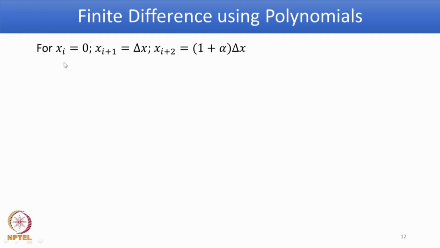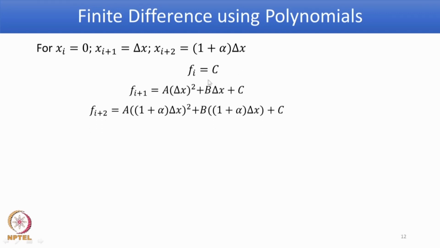At x of i, which is the point of interest, the x value is 0, and x of i+1 is Δx, and x of i+2 is (1+α) times Δx. Now, if you substitute in the function, we get expressions like this, and we already noticed that c is related to f of i itself, and f of i+1 and f of i+2 are also expressed like this.